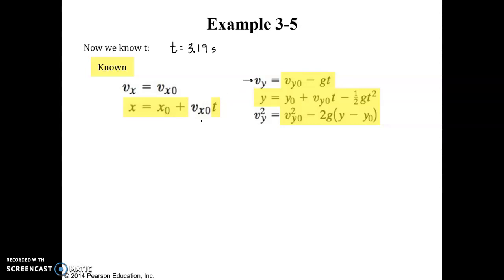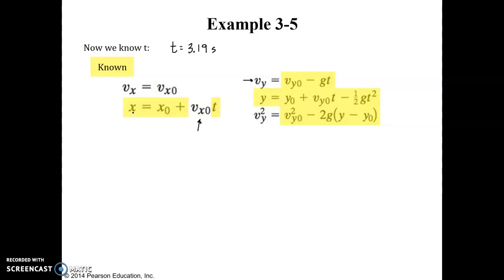What we want to know is how fast the motorcycle needs to take off horizontally, v sub x naught. So this equation, we know everything but that. So this is the equation we're going to want to use in order to find what that velocity needs to be.